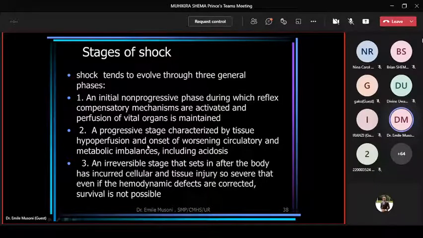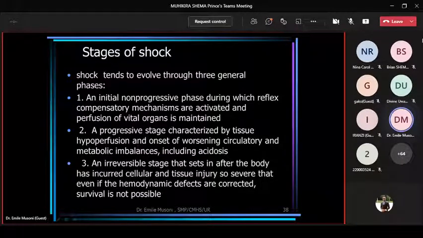This one progresses to the irreversible stage, where the body has incurred cellular and tissue injury so severe that even if the hemodynamic defects are corrected, survival is not possible. The earlier stage is a reversible injury, meaning that you can have a shock and immediately correct it.